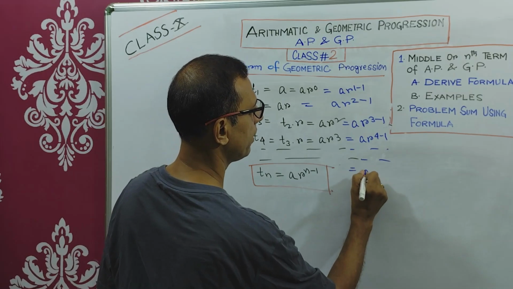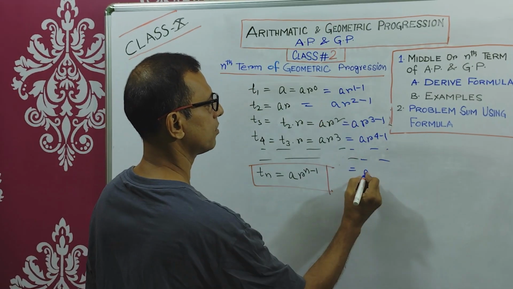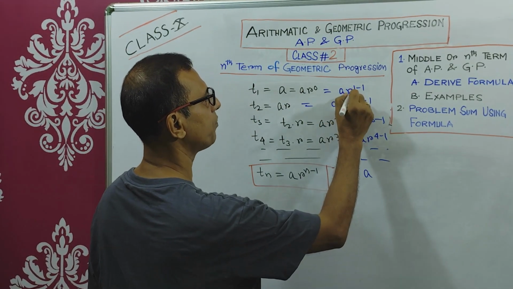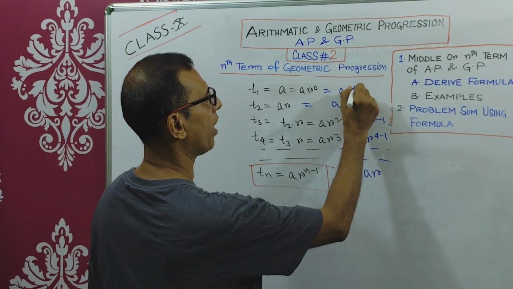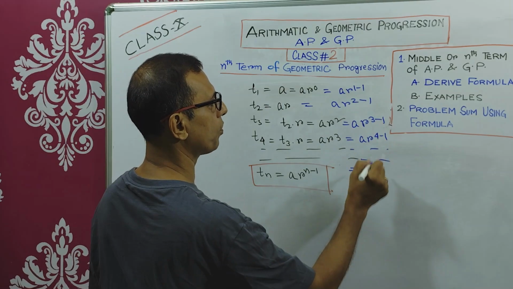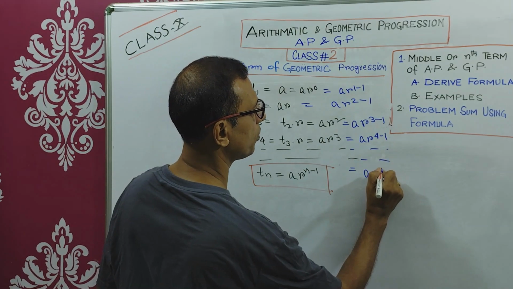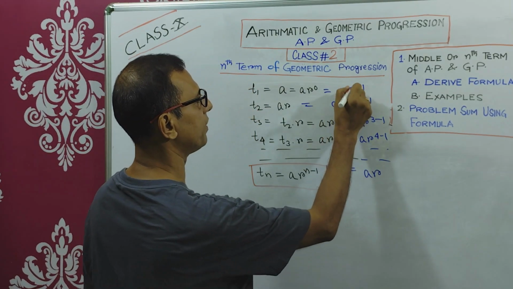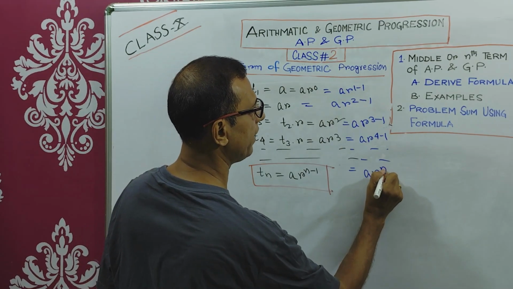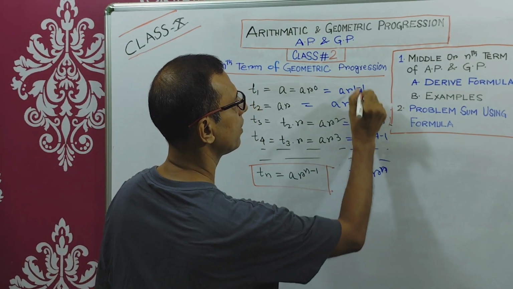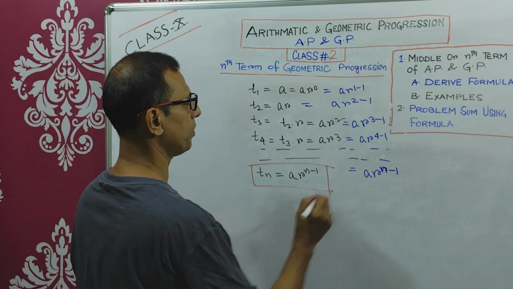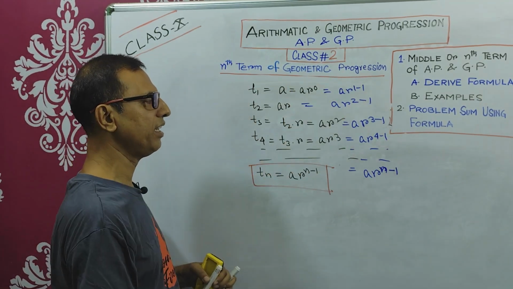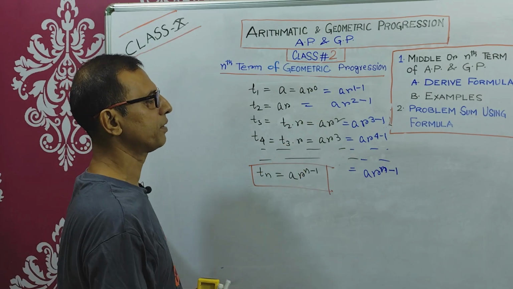So everywhere it is A. So A started with r to the power 1, 2, 3, 4. That's how it is changing. So for the nth term, for the first term it is 1, so for the nth term it will be n, and everywhere minus 1. So it is A r to the power n minus 1. Whichever way you like, you can represent it like this.